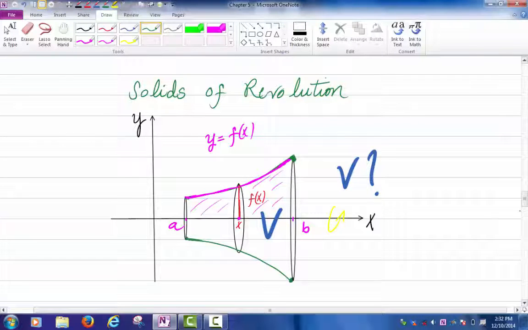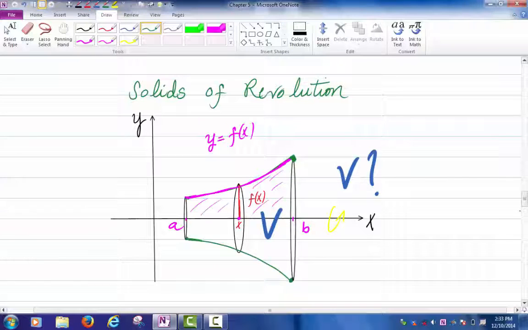Now look at the region between the graph of f and the x-axis from a to b. Look at the region that I highlighted in magenta. Now, think about this.